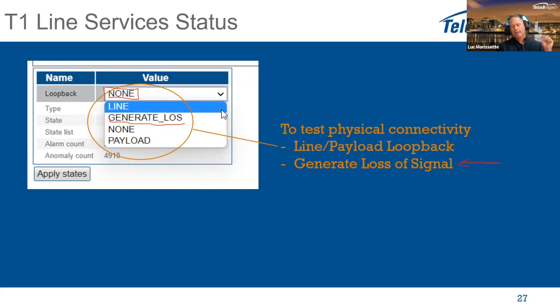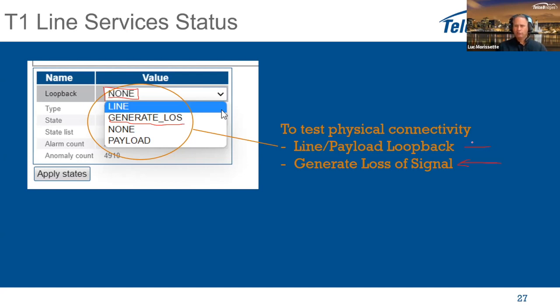So this is stop transmitting on that T1, or depending on what type of interface, but let's say this is a T1. So it stops transmitting. So then you can see the status on the other side of that T1, and you can see if the line becomes out of service on the other side. Right? So you can test if your T1 is connected to the right location at the remote end.